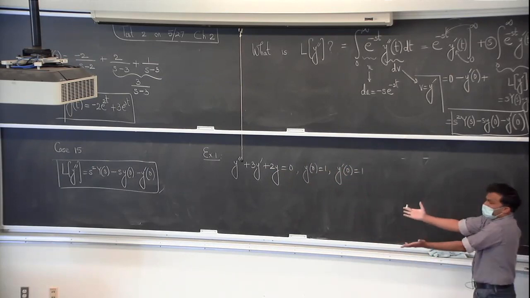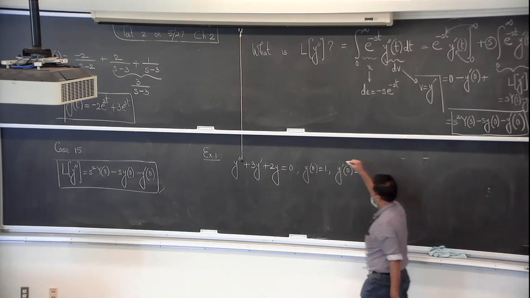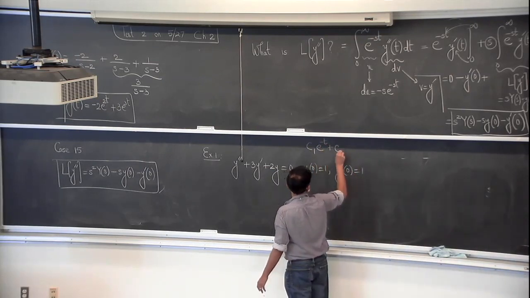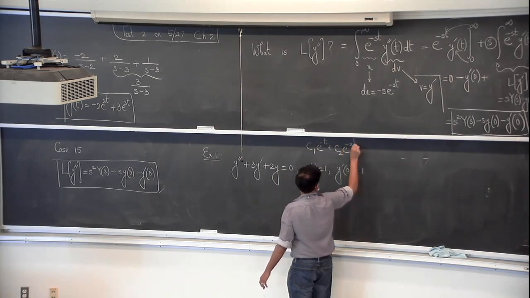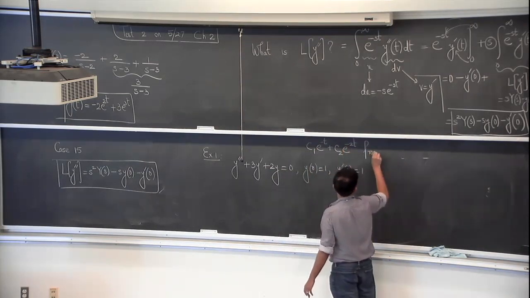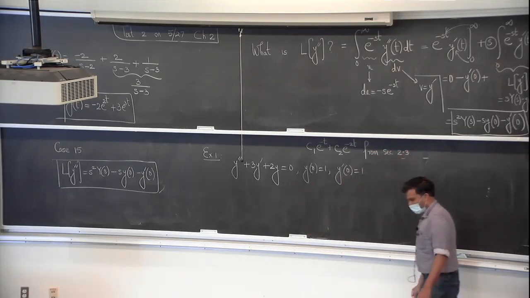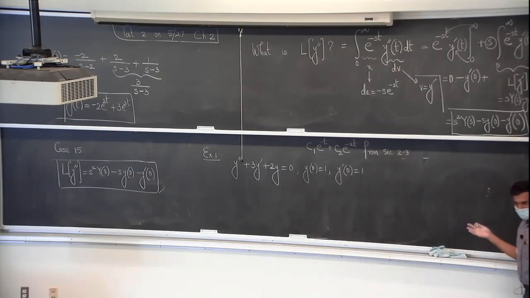You know the answer to this from section 2.3. It should be c1 e to the power of negative t plus c2 e to the power of negative 2t. You know the characteristic equation, quadratic, and all that stuff. Did you do it right?